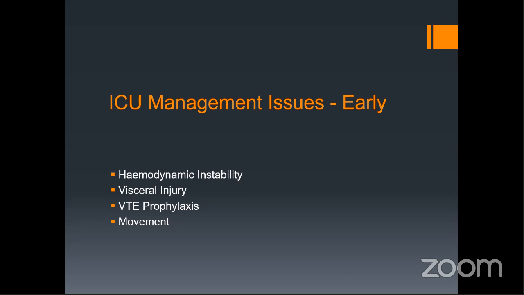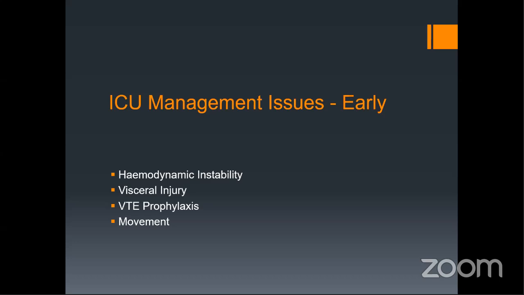So in terms of ICU management issues that you might come across, again, it's hemodynamic instability. Visceral injuries are fairly common, and how to manage those. VTE prophylaxis is something to really consider fairly early, because pelvic ring injuries might produce, or do produce, a 15-fold increased risk of VTE, and even more significantly, a fairly significantly higher risk of PE, or life-threatening PE.